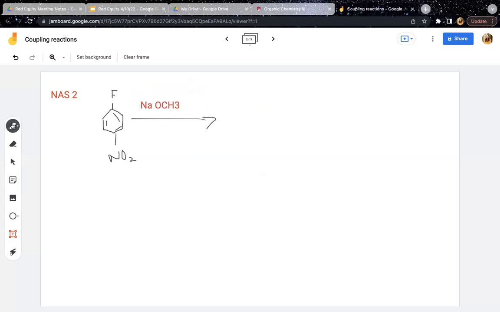And on that O, it has those lone pairs, right? Hopefully you can see those. So what happens is it reacts like that. That comes out, and then it creates this whole substitution thing. So the first step, you get fluorine and this OCH3.